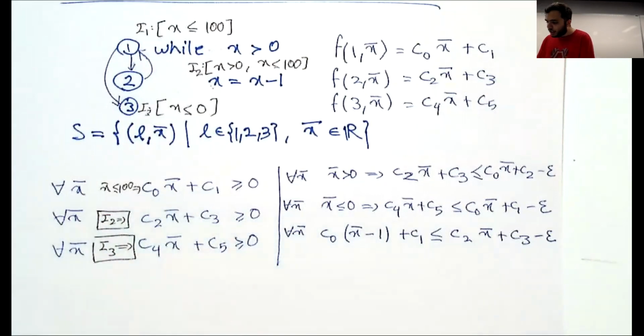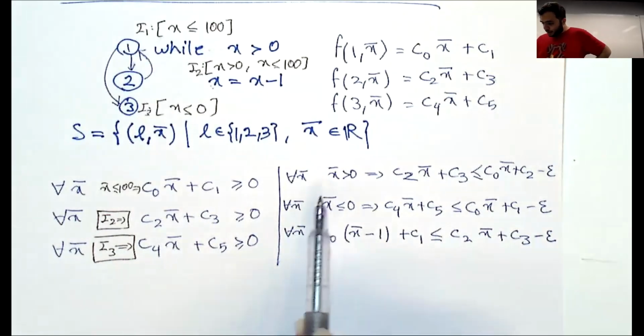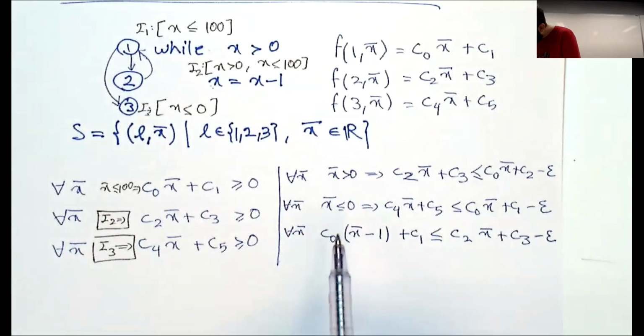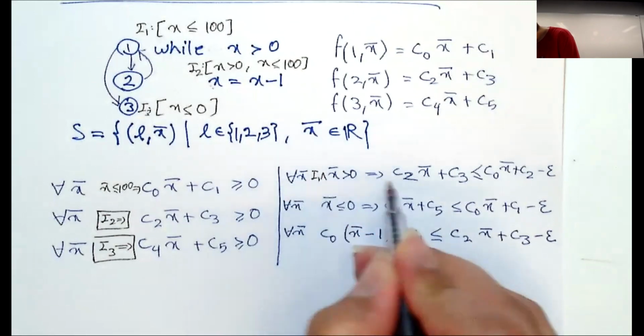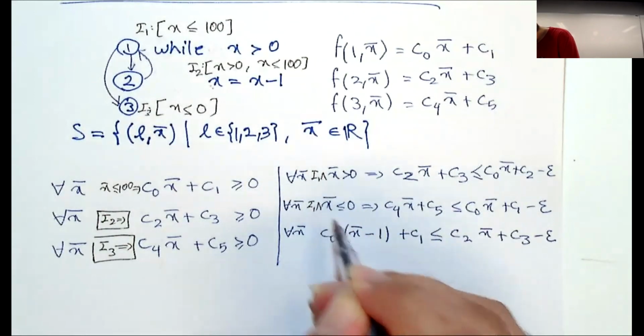So basically, the value of the ranking function should be non-negative only in the reachable states. And the invariants are giving me an over approximation of my reachable states. So I can say that the value should only be non-negative when the invariants are satisfied. And the same thing also here. So here I can say if I1 holds and also this holds here as well.